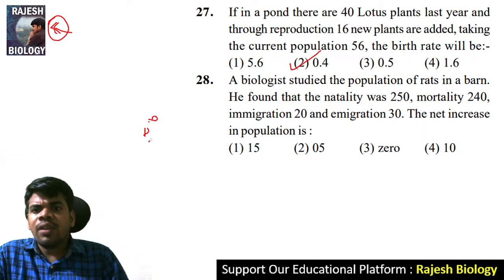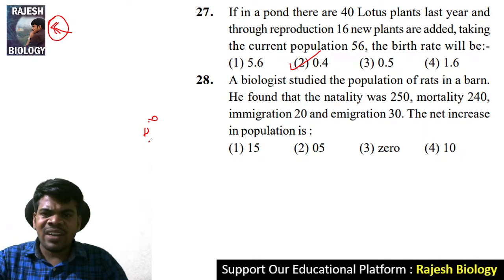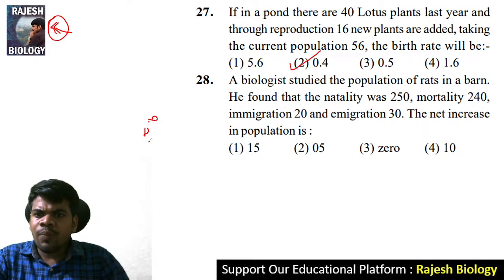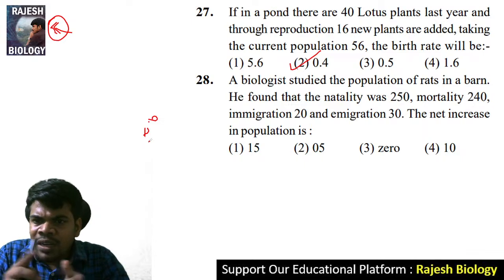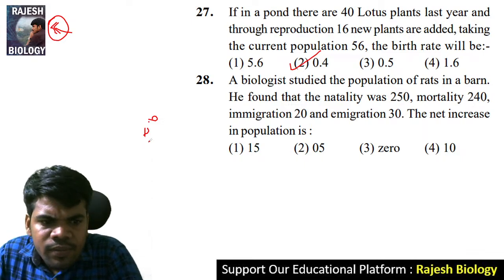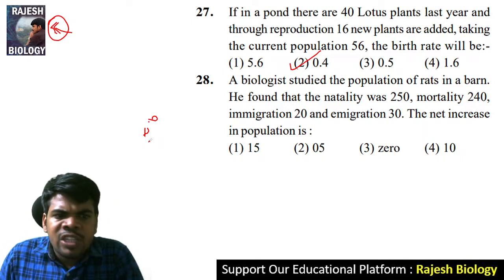So 250 natality plus 20 immigration, 270 in births and immigration, and 240 mortality plus 30 emigration, 270. So 270 minus 270 is 0.